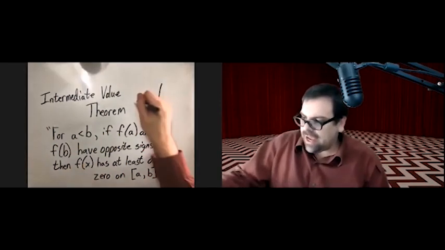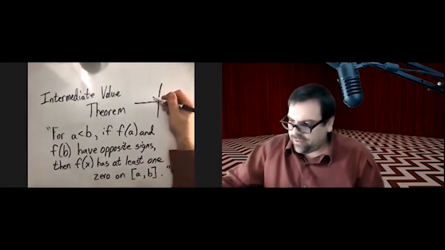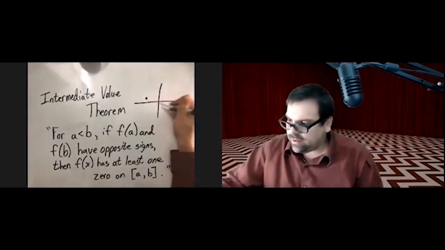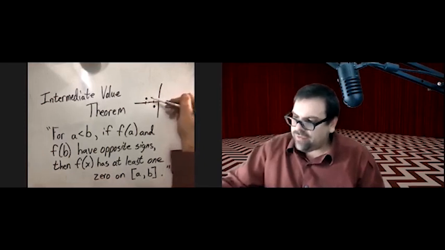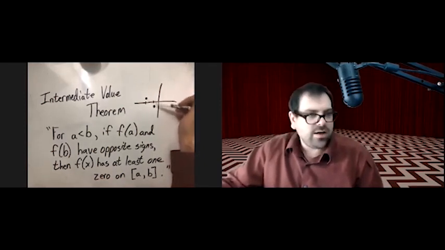If we think of a graph, let's say that's a and that's b. If f of a and f of b have opposite signs, that means they're on opposite sides of the x-axis.